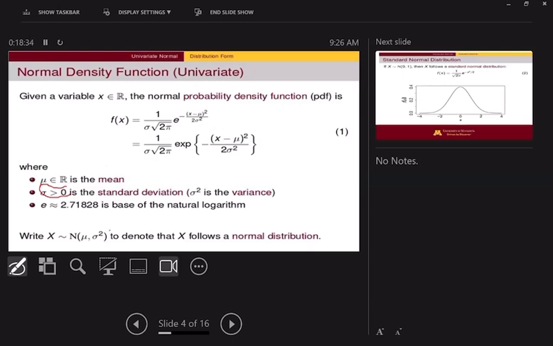Symbolically, if I want to write that a random variable x follows a normal distribution, this is the way I'm going to put it. That means x follows a normal distribution with the mean of that and the variance of that. The two parameters of a normal distribution are the mean and variance.